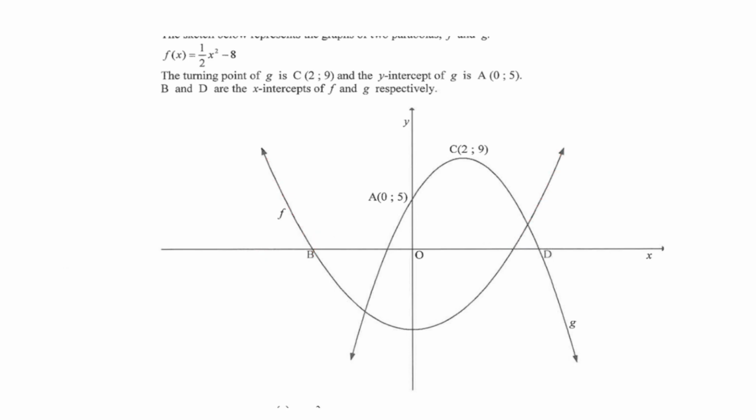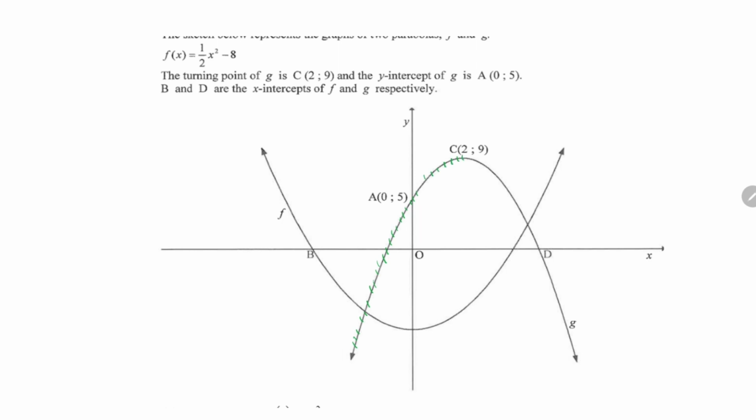6.4.2. Again, we're supposed to use the graph to solve for x if f and g are both strictly increasing. Okay, so here, if we take a look at graph g, it is increasing from here, still increasing up to the turning point.